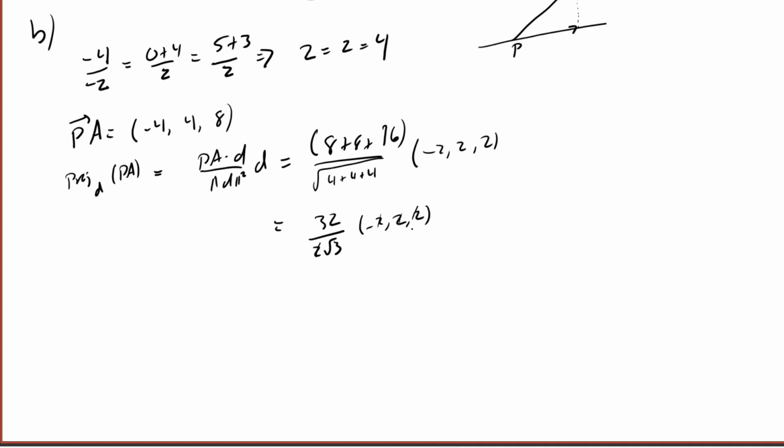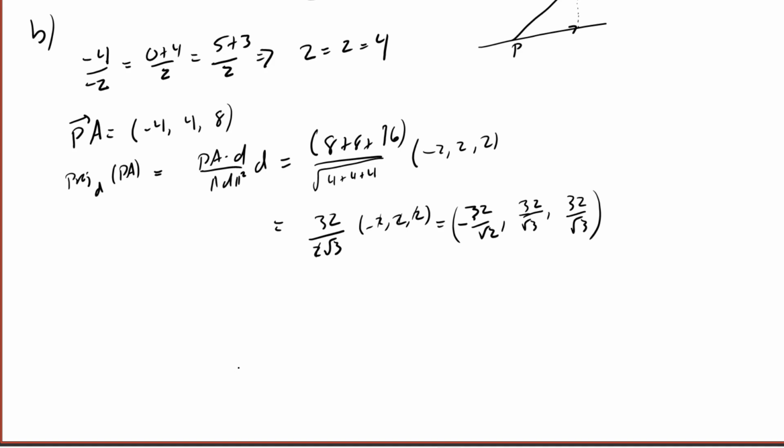Cancel, cancel. Is going to be minus 32 over root 3, 32 over root 3, 32 over root 3. So that's the projection.